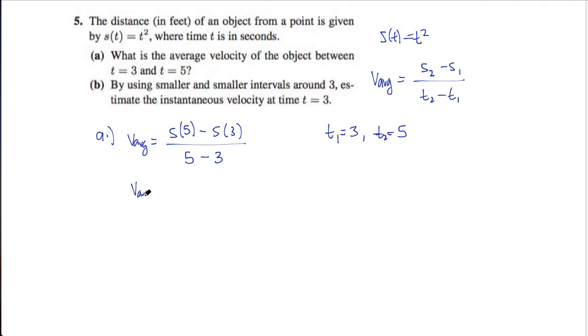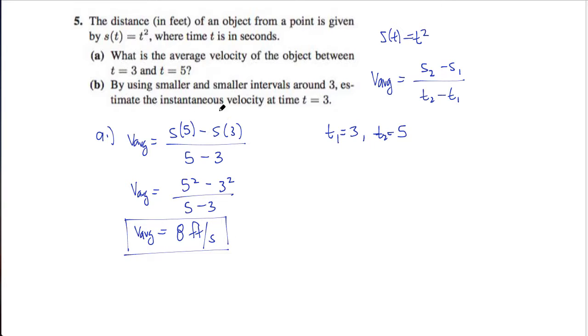So my average velocity here is going to be 5 squared, because that's 5 substituted into my function, minus 3 squared over 5 minus 3. So the average velocity for this interval will be 8 feet per second.